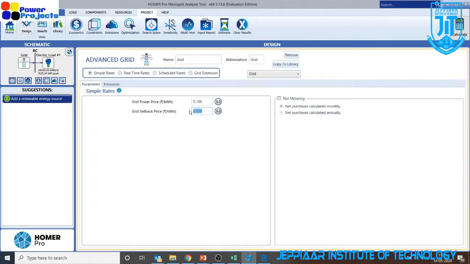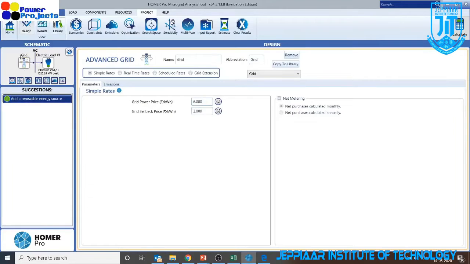Anyway, I have only the loads, so the sellback price is not really important, but the purchase price is most important. So here I am putting about say 6 rupees per unit, and assume that the selling price is 3 rupees. Anyway, it's not going to make any sense because I don't have any sources.